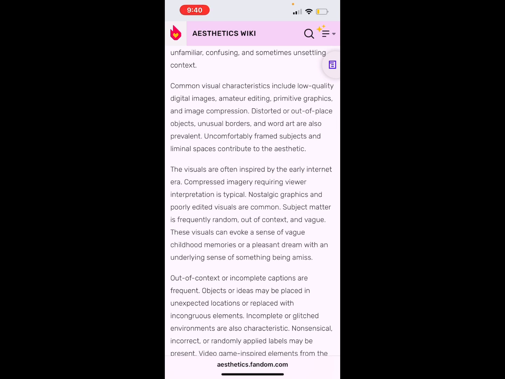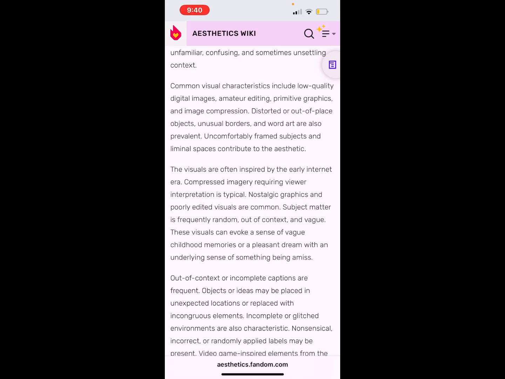Common visual characteristics include low quality digital images, ultra editing, primitive graphics and image compression. Distorted or out of place objects, unusual borders, and word art are also prevalent. Uncomfortably framed subjects and liminal spaces contribute to the aesthetic.